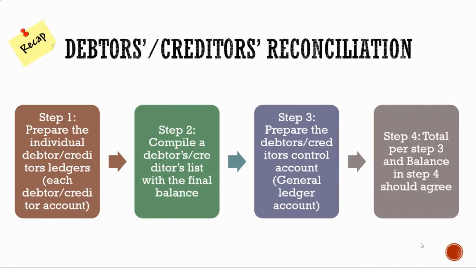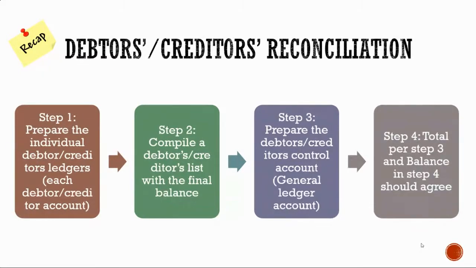And then I show whether they've purchased any goods or if I've purchased any goods, if any payments were made, any goods were returned, and then work out the amount owing at the end of the month. Then step 2 is, once I've done each and every individual debtor or creditor, I compile a list. That list is basically just a list of all the debtors' or creditors' names and their balances, and then I total that to get to a total of all the debtors or all the creditors.